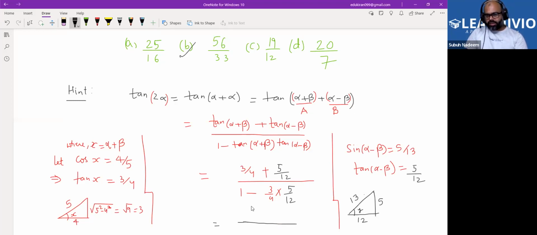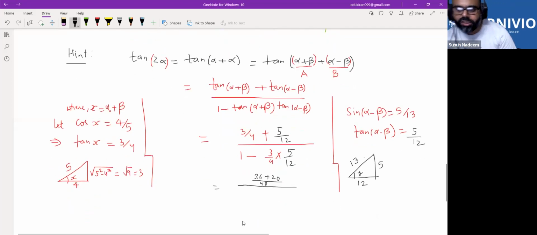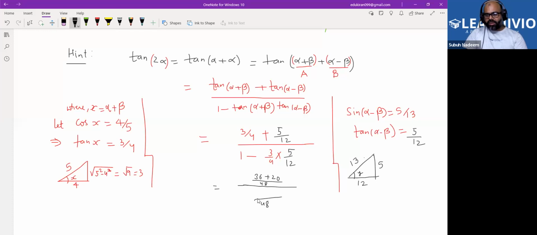Because when you take LCM, 3 into 12 will be 36 plus 5 into 4 will be 20, upon 4 into 12 will be 48. Similarly, in the denominator, you will take the LCM. So 12 into 4 will be 48, and that 48 will multiply with 1.